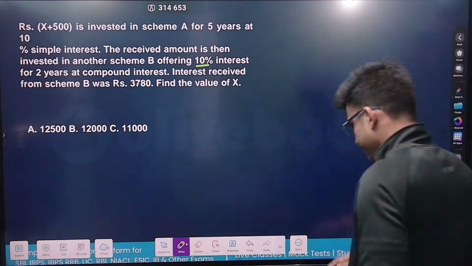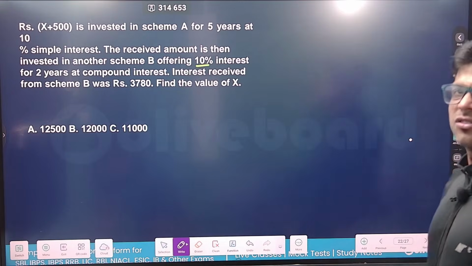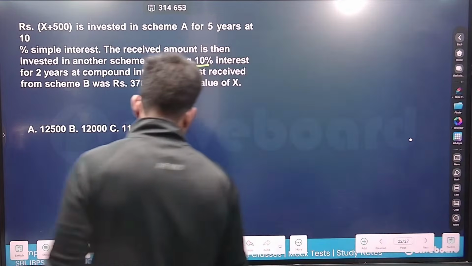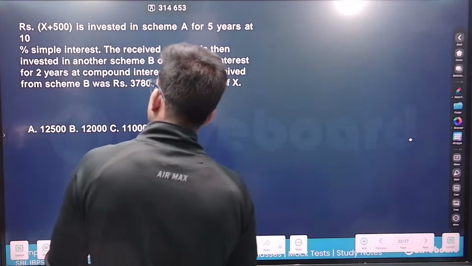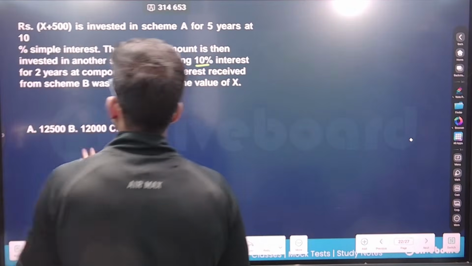Anyone have solved this? Come on. Any one of you? Try, guys, one time if you can try. First of all, you can just make a table like that, okay? Be very comfortable with the question and just make a table. X plus 500 is invested in scheme A for 5 years at 10%, okay?